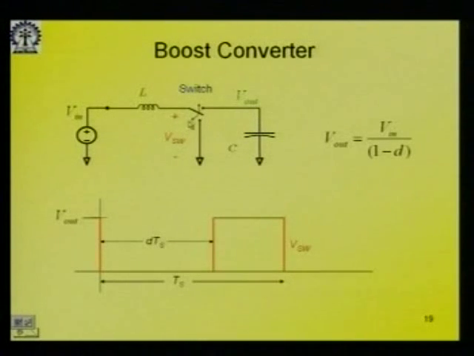You see, the output is decided by the capacitor. In the initial stage, the first few cycles, yes indeed the capacitor voltage will be very small, but in the steady state, suppose this is 1 volt and this is 2 volt.